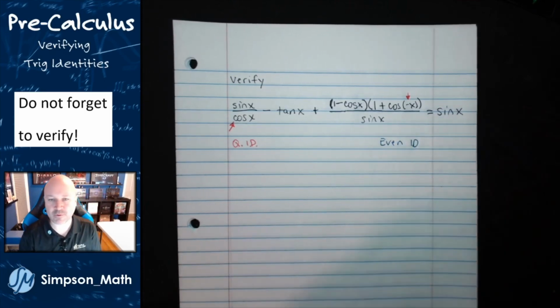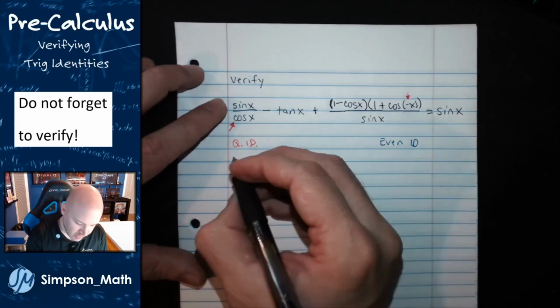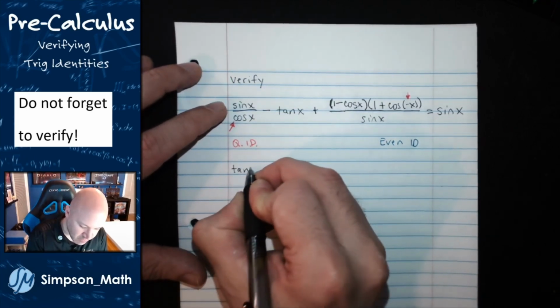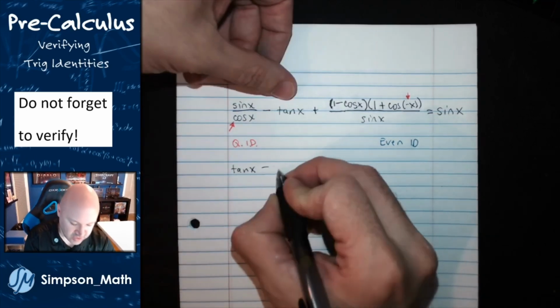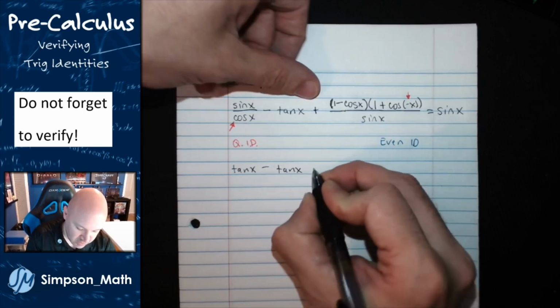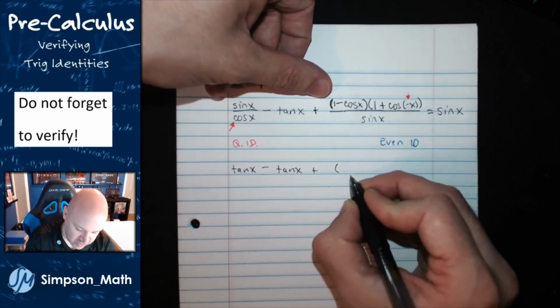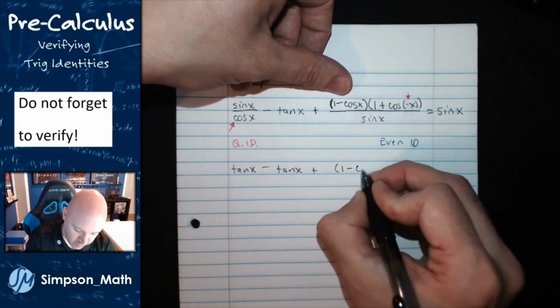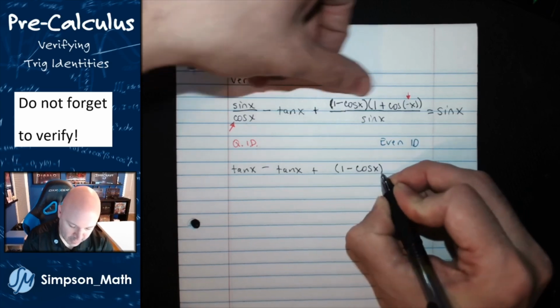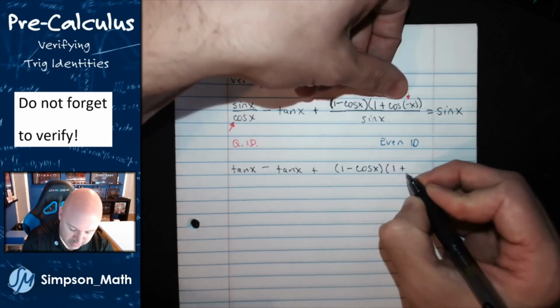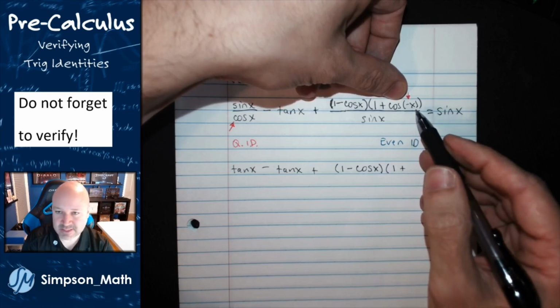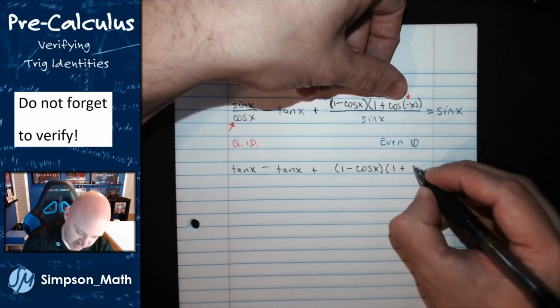And then those are my justifications. So I'm going to show my work. This is just tangent now. This is just tangent still. I'm adding a fraction. But I'm changing that. Cosine of a negative x is the same thing as cosine of x.